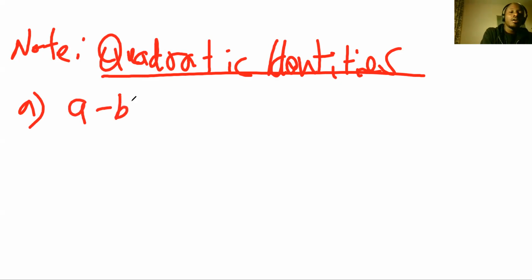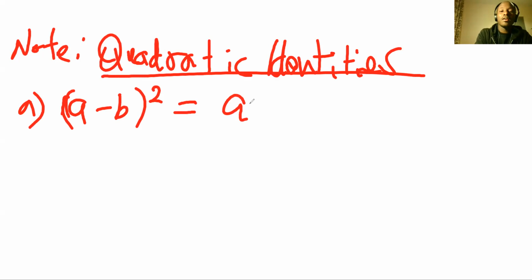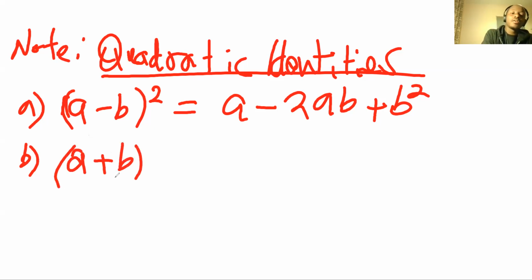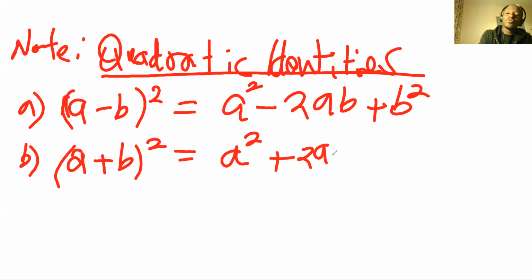A minus B squared is equal to what? A squared minus 2AB plus B squared. The second identity is A plus B squared, which is A squared plus 2AB plus B squared, when you expand them.